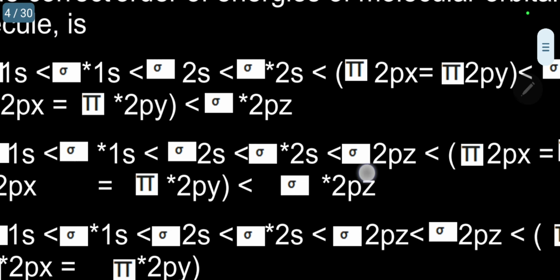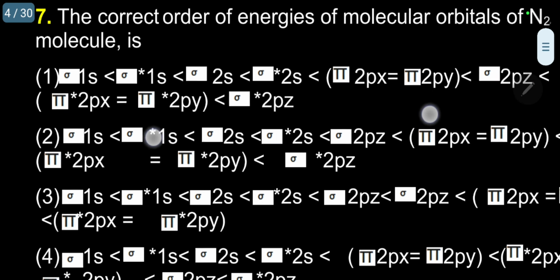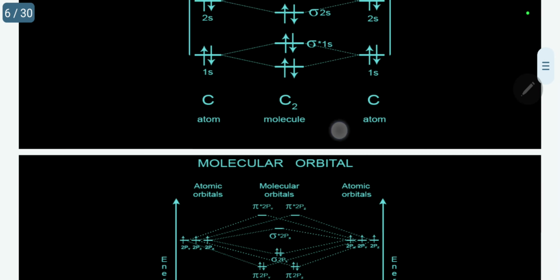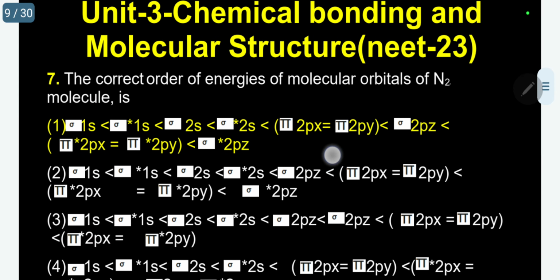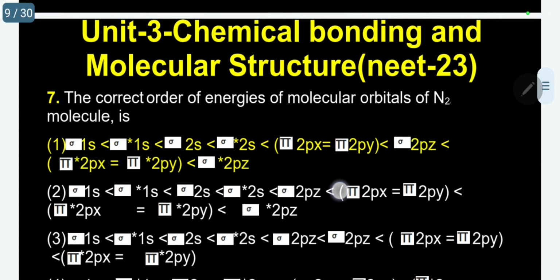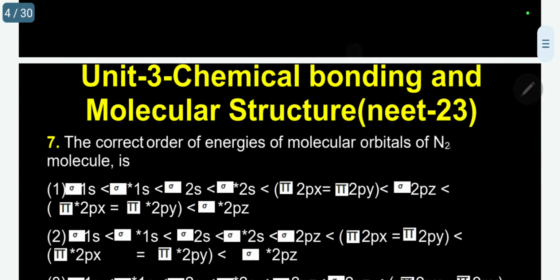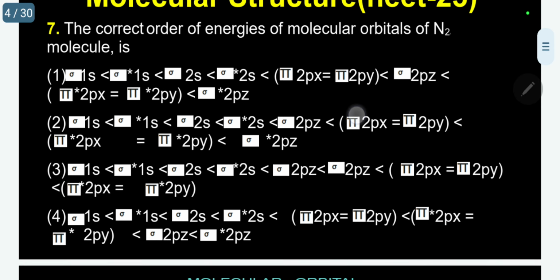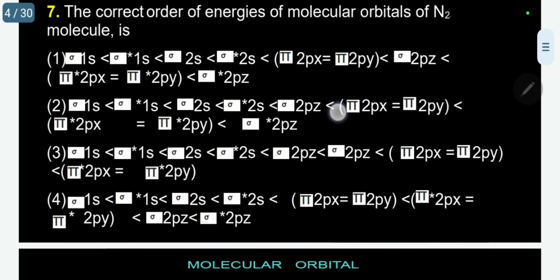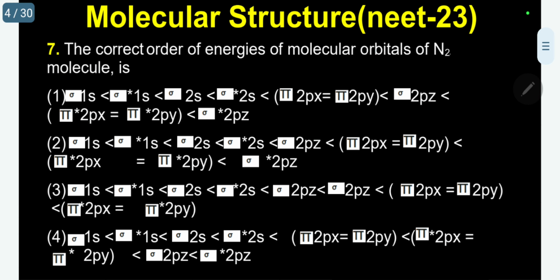Now we have to think of the answer. Now let me go for the answer. Wait a minute, we'll go for the question now. Okay. Now just see here the 1 to 4. Lower, automatically we have to go at the top only, because lower is always 1s sigma.